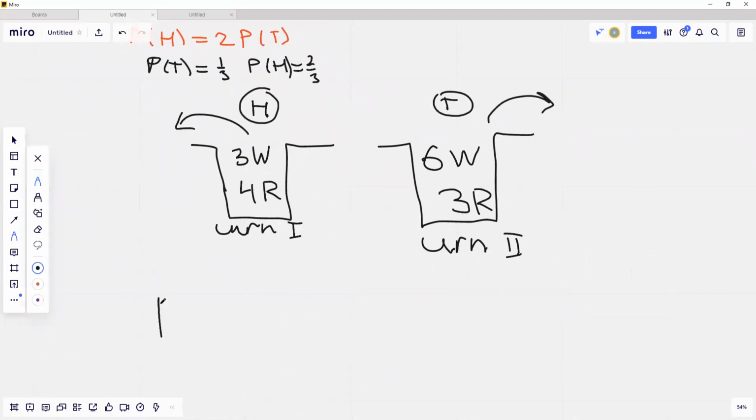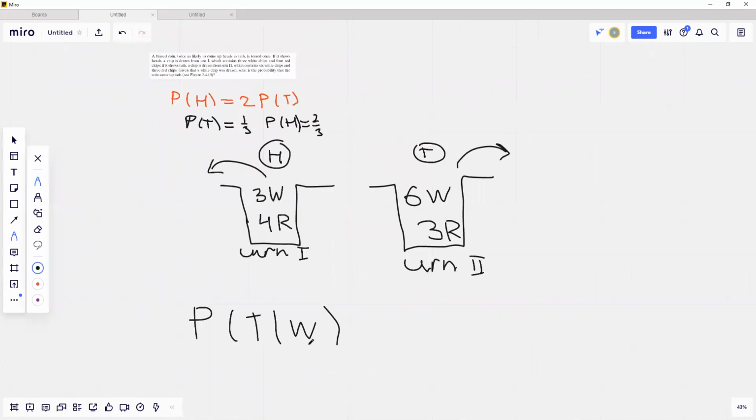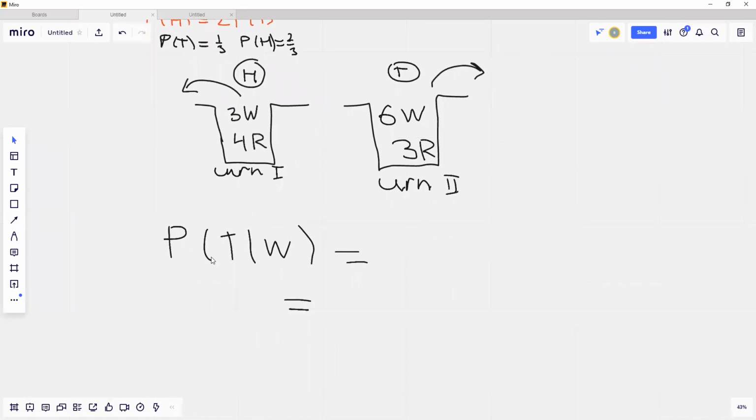So we're looking for the probability of getting tails given that a white chip was drawn. If we phrase the probability in this way, we cannot answer that question right away. However, we know the following probabilities.